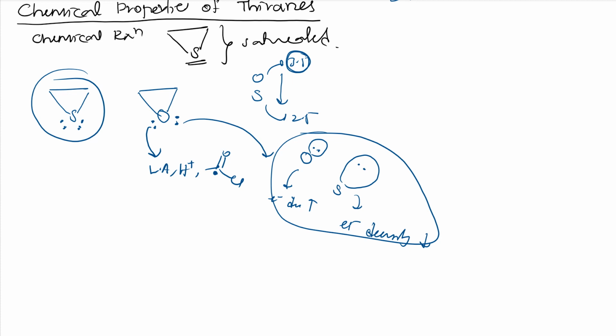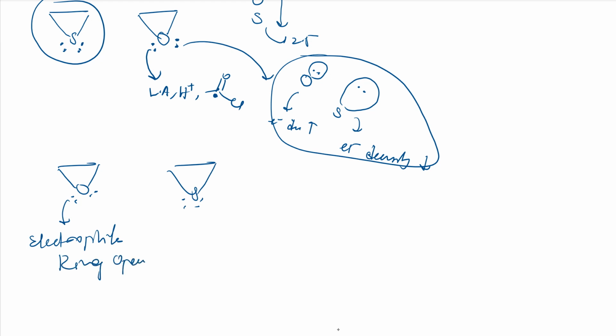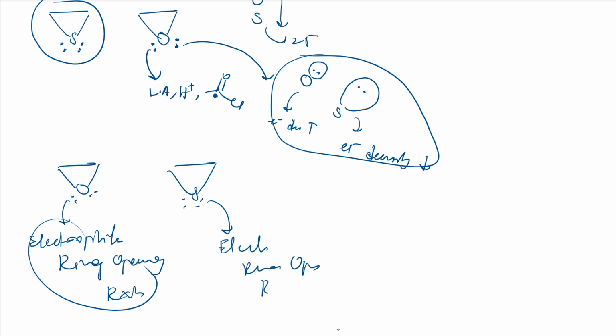So why did I tell all these things? Because oxygen can easily donate its lone pair compared to thiiranes, so it will easily undergo electrophilic ring opening reaction. Here we are studying the ring opening reaction, right? Thiirane will also undergo electrophilic ring opening reaction, no doubt, but it will be a little slow.